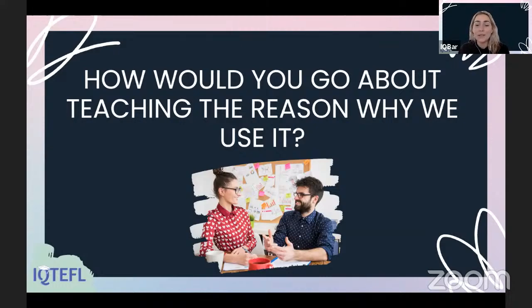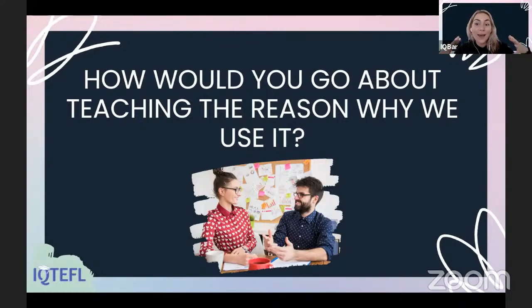We could use it when we're not sure of who the agent is, and by agent I mean who is doing the action. So for example, if we had a sentence in the active voice, such as the children ate the cake, we know who did it, the children did.